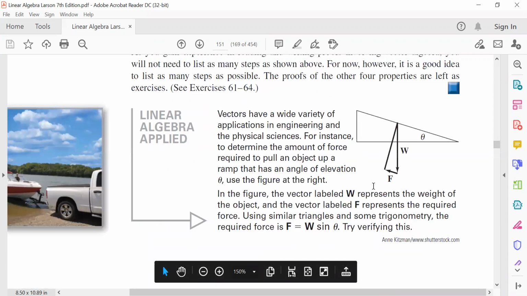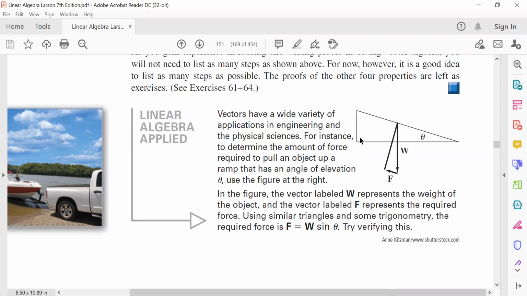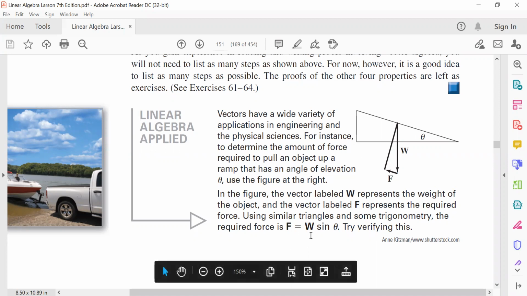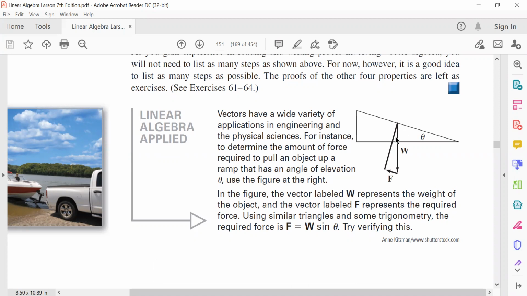This is something in physics. You've probably seen this kind of thing where you're dragging something up a hill, and the force. So it turns out the force is equal to W times sine theta, and you can kind of see it from this picture, because by similar triangles you can very easily see that the angle there is theta.